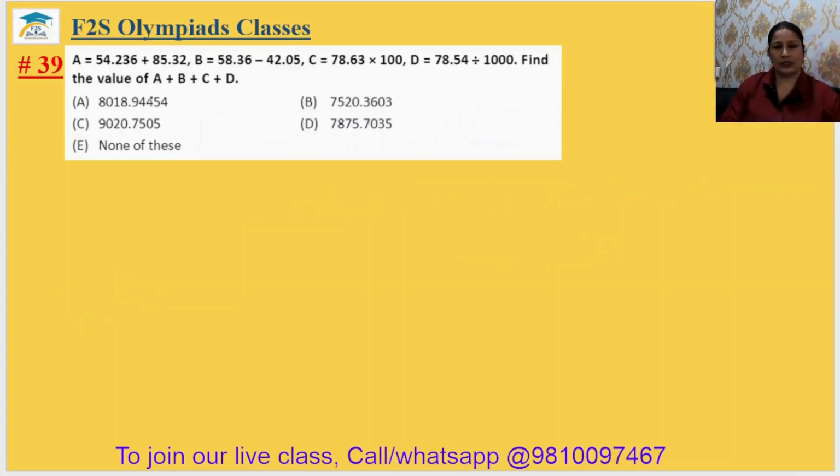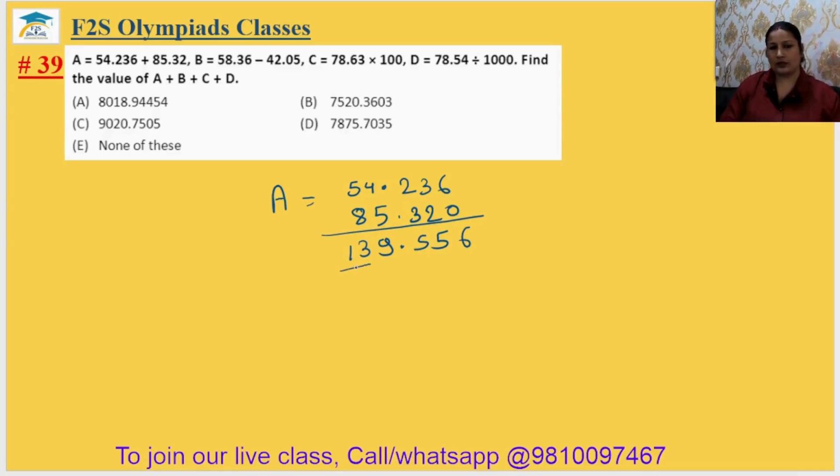Question number 39. A equal to this, B equal to this, C equal to this, D equal to this. Find the value of A plus B plus C plus D. So first find the value of A. If you add 54.236 with 85.320, it will be your 139.556. Okay.